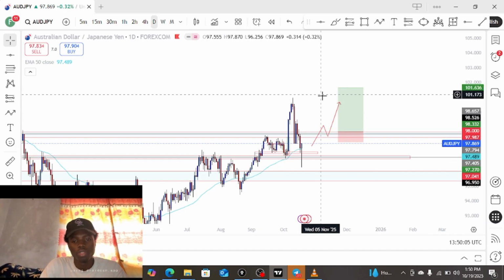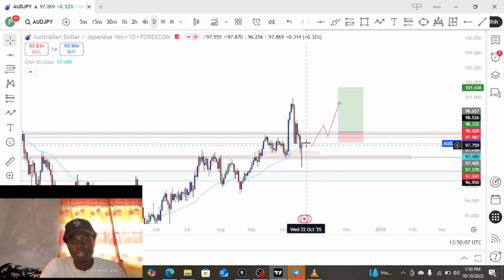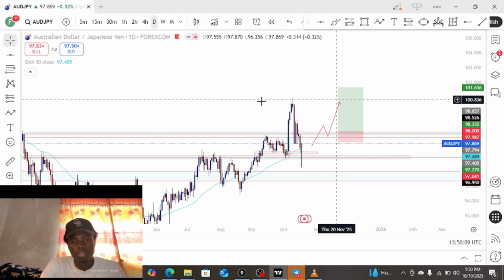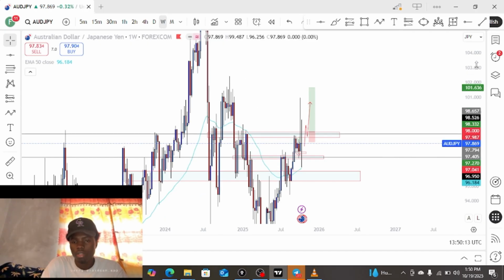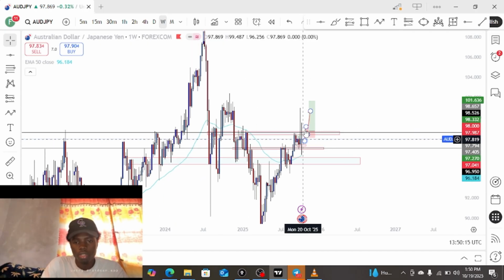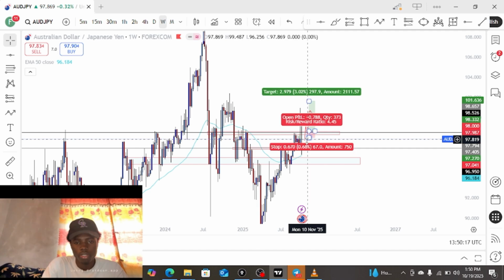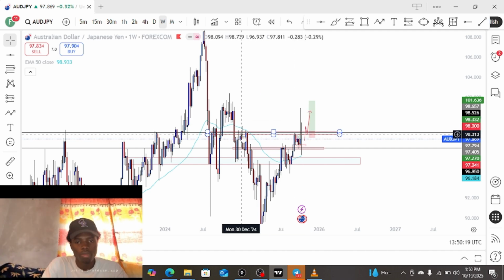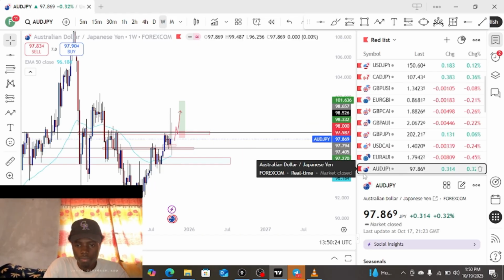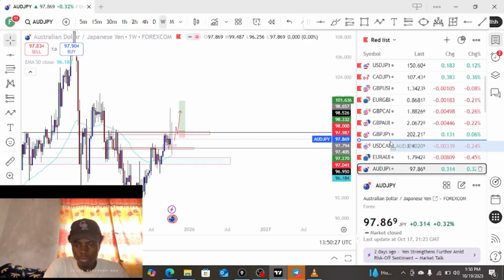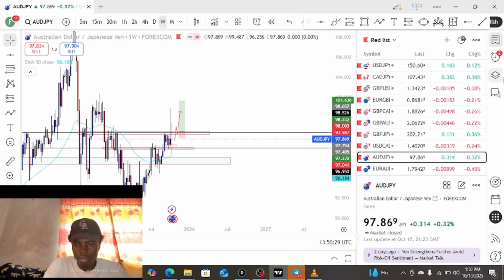So we need a daily break and retest. With that, you can see that here the weekly is giving me a body. We need a body break on this AOI, okay? So this will be under the USD card.